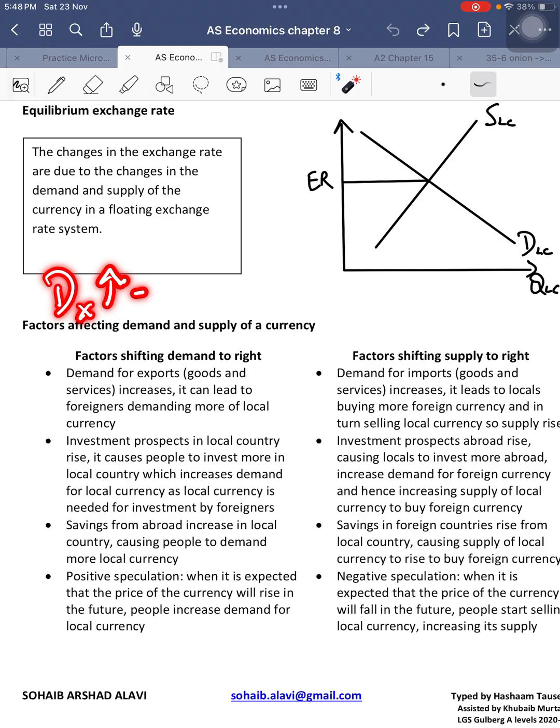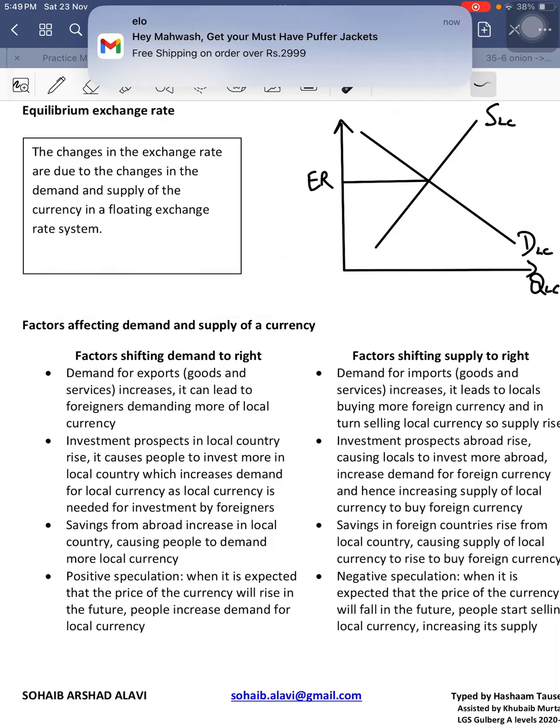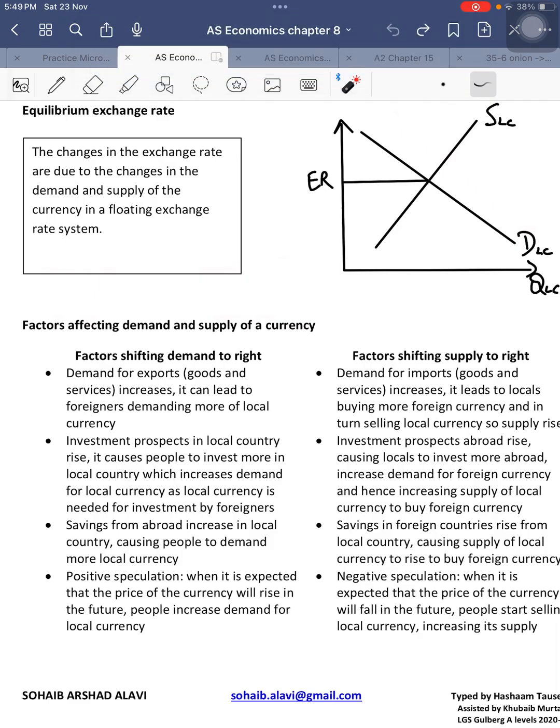So when the demand for our exports rises, the demand for the local currency will increase, because foreign people need to buy our currency first in order to buy our goods. And that will cause a rightward shift in the demand for the local currency. Right? This is number one.